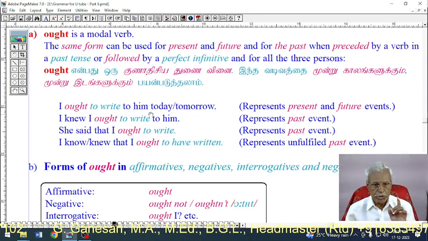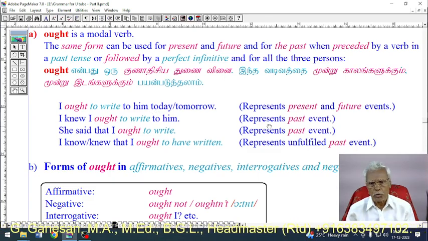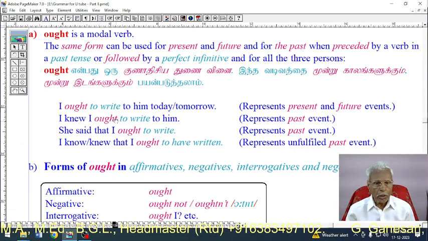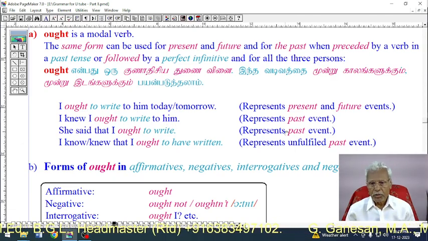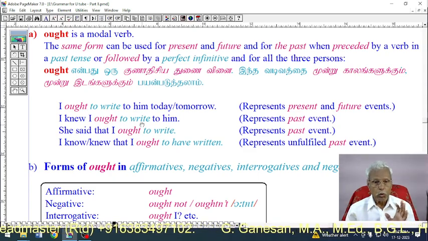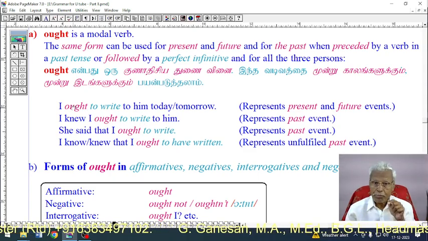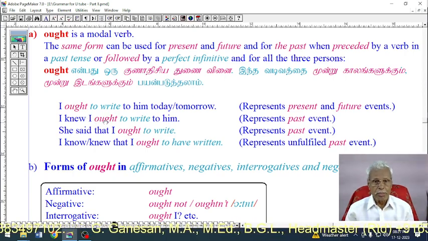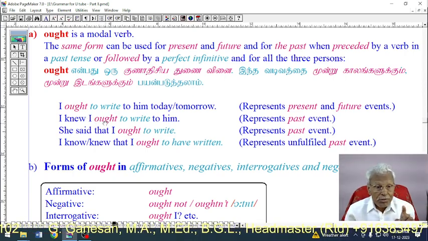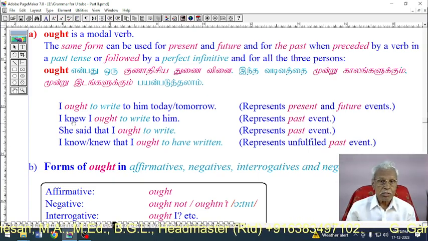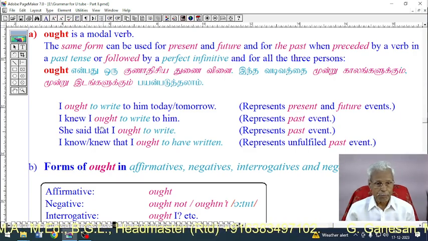You can also say tomorrow. It represents present and future events. I knew I ought to write to him. Here the auxiliary ought represents past, because the verb before it is in the past.